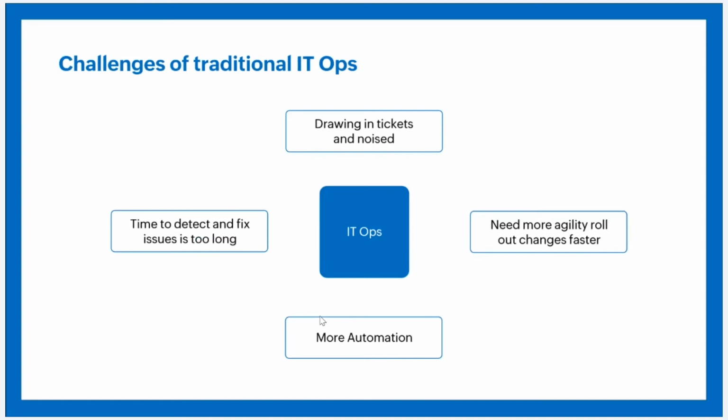So these are common challenges faced by the traditional systems. Like you get multiple alerts, continuous alerts, and you're not sure what needs to be performed. Okay, automation needs to be done, but not sure what automation needs to be performed.